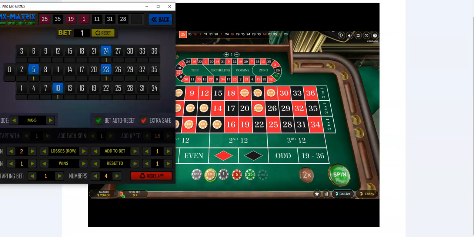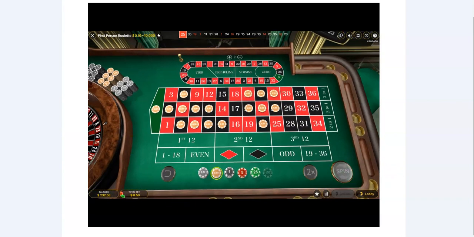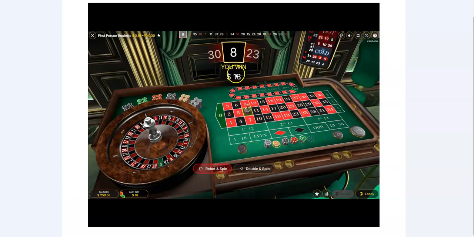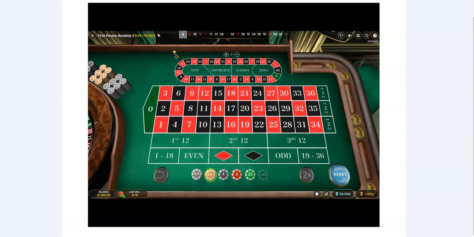No, that is right, because 24 and 23 get covered this way. We're at 241 when we started. Let's see. Done. I'm at 250. I already made my 10 bucks.